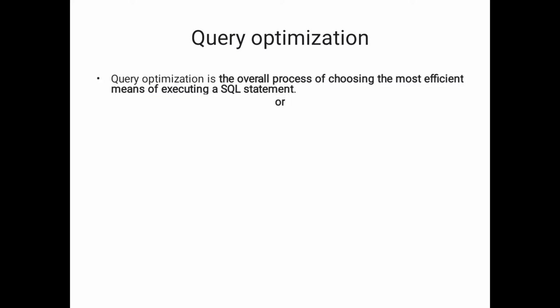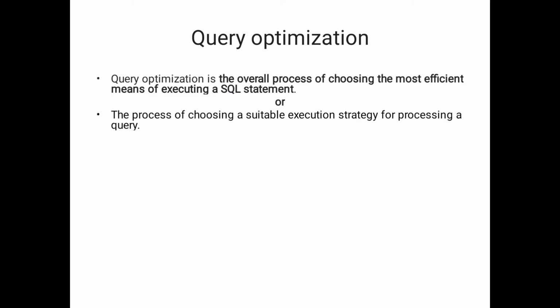Before we move to the algorithms, first we will discuss what optimization means in a query. It is the overall process of choosing the most efficient option, one that is optimized compared to others, so the cost is reduced.